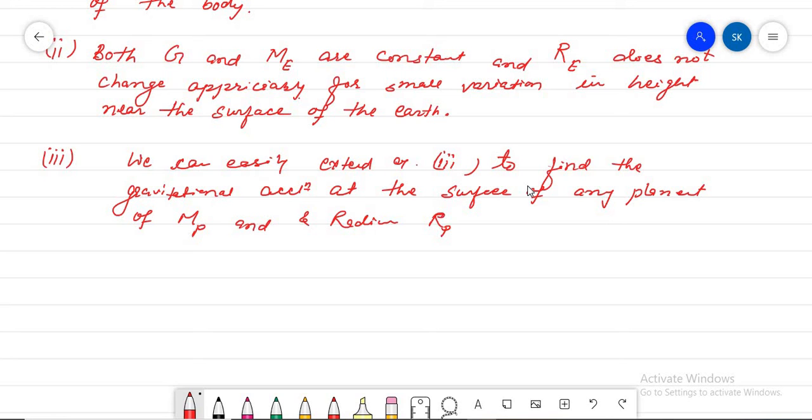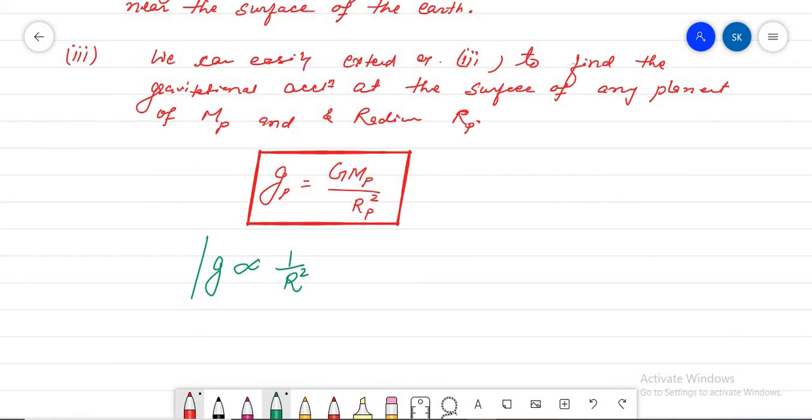That means it's not only for the earth, it's applicable for any planet. Small g is inversely proportional to the square of the radius.